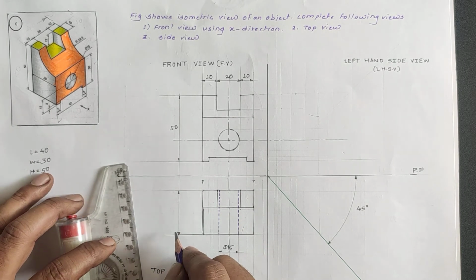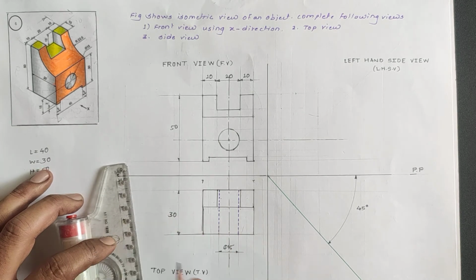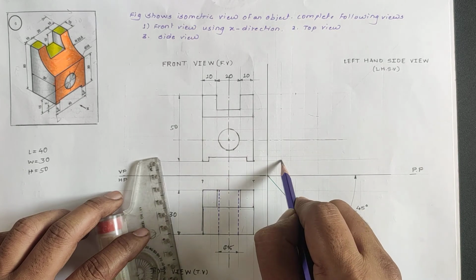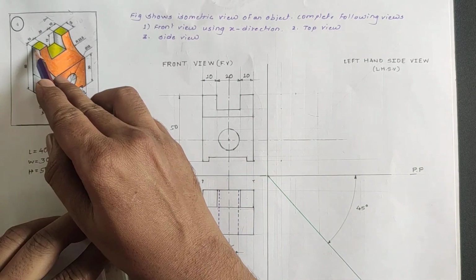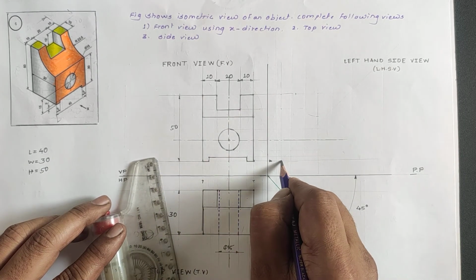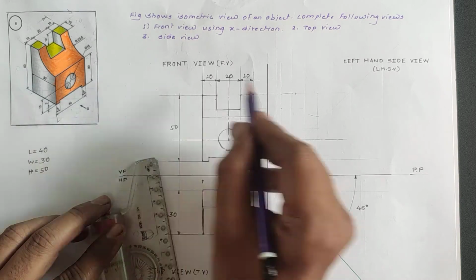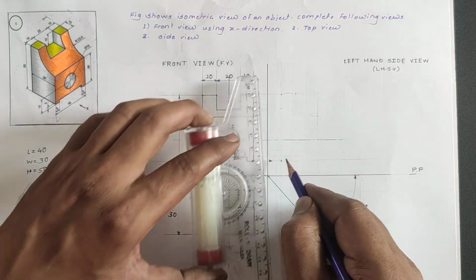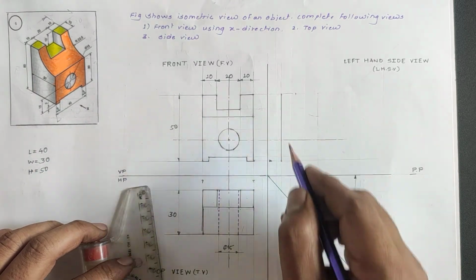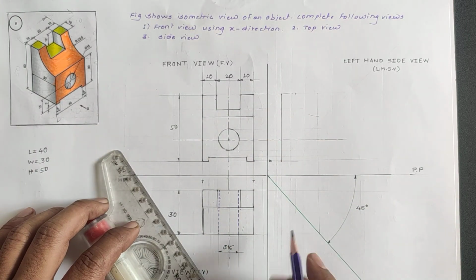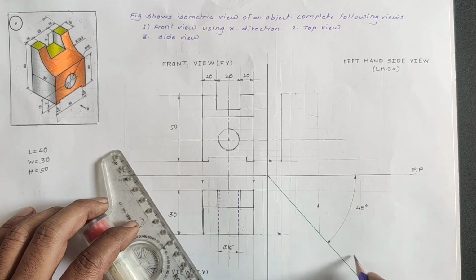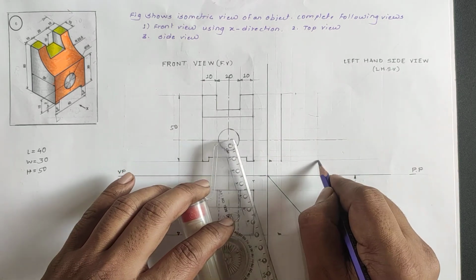Width of the object is 30 mm. In side view we start from this corner. We can take the projection lines for the total height of the object. This is the horizontal projection line from this corner, and the total height of the object is 50 mm. So from this point take the total height of 50 mm. Total width you can transfer with faint projection lines, draw the 45-degree line, then transfer into the front view.